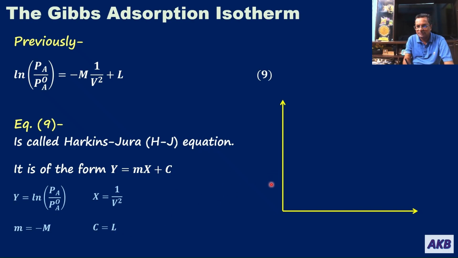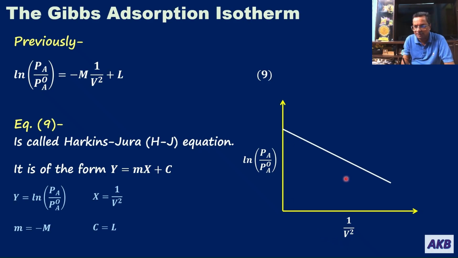So you can simply plot the terms: ln of Pa upon Pa naught can be plotted on the y-axis, and 1 upon V square can be plotted on the x-axis. You are going to get a straight line but of negative slope, and the slope is minus M and the intercept is here.